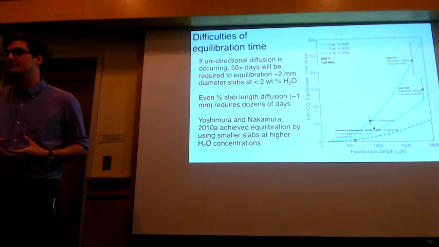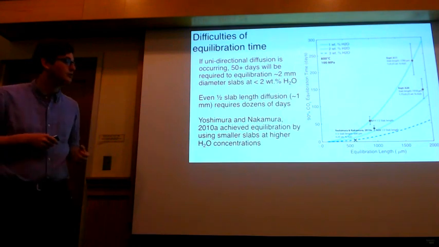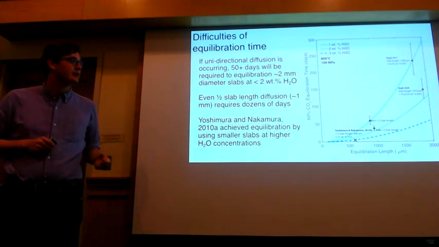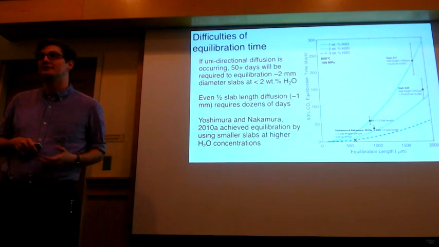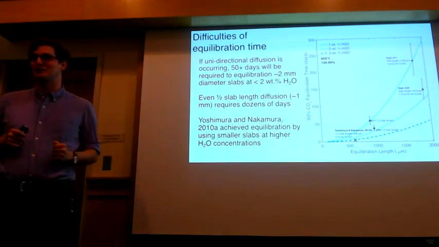And so they were only diffusing in from one side, and they had to diffuse over the whole 2 millimeters. And combined with lower water concentrations, that led to calculated equilibration times of upwards of 50, 150, 200 days, which is not really good for a 1.5-year master's thesis.